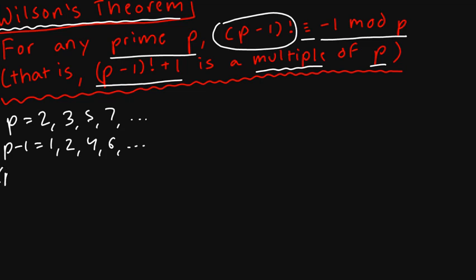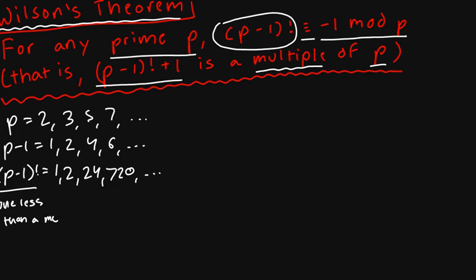So (p minus 1) factorial could equal 1, 2, 24, 720, and so on. Then this number, (p minus 1) factorial, is 1 less than a multiple of p. That's what Wilson's theorem states.